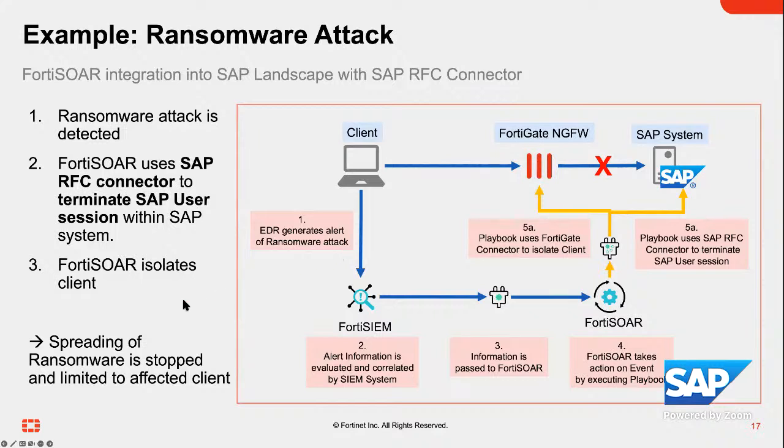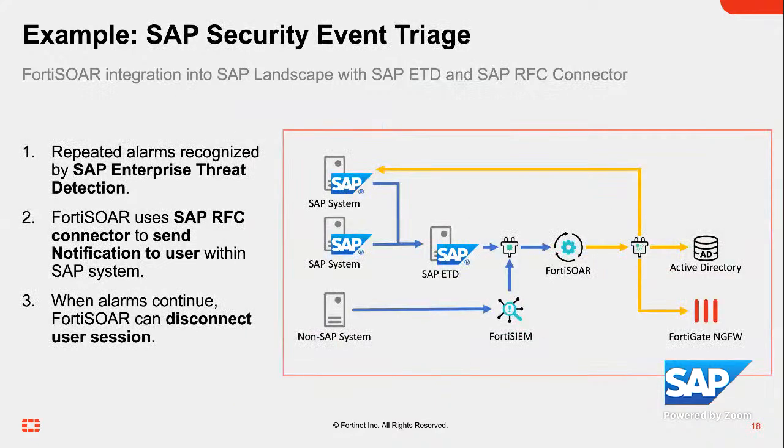With that, the spreading of ransomware could be stopped and really only limited to the client that was actually affected and clicked on that link or on a specific attachment in an email. So this is one example. The second example is what we are showing today as a demo, and I would like to ask Julian to take over from here and explain what we're going to see in a second.